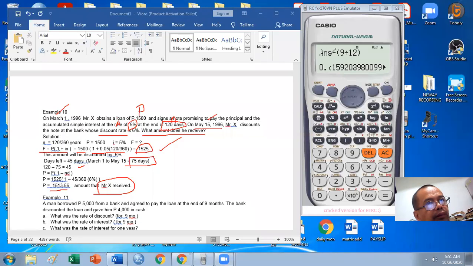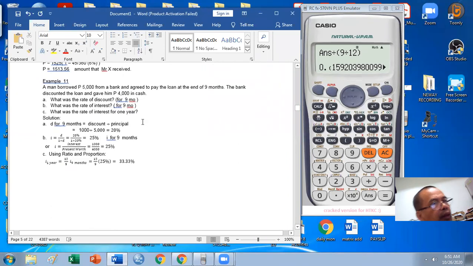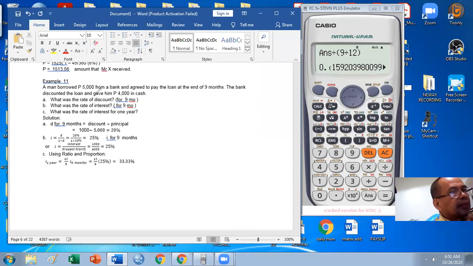Okay, let's continue. A man borrowed 5,000 from a bank and agreed to pay the loan at the end of 9 months. The bank discounted the loan and gave him 4,000 in cash.